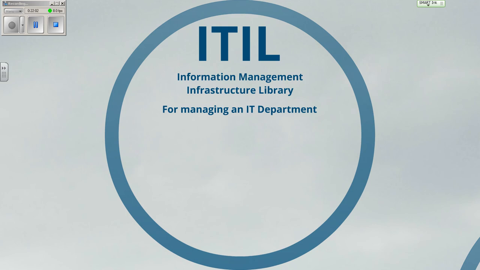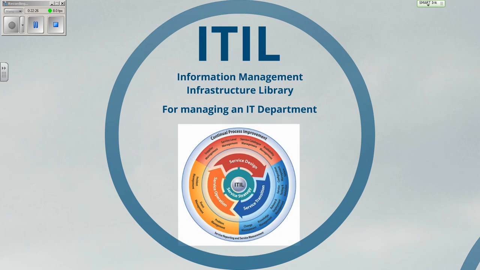So whereas the other three methodologies that we've looked at are aimed at just managing one big project, ITIL is for managing lots of small projects that need to be done in the day-to-day running of an IT department. It's a structure for managing an IT department.